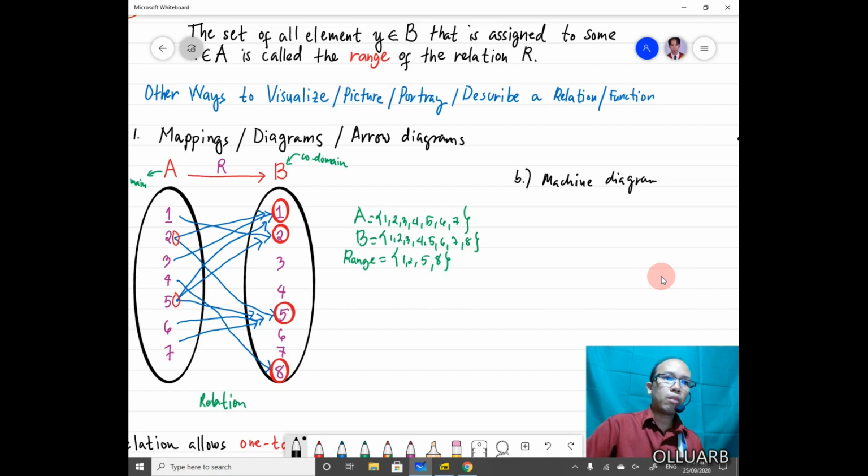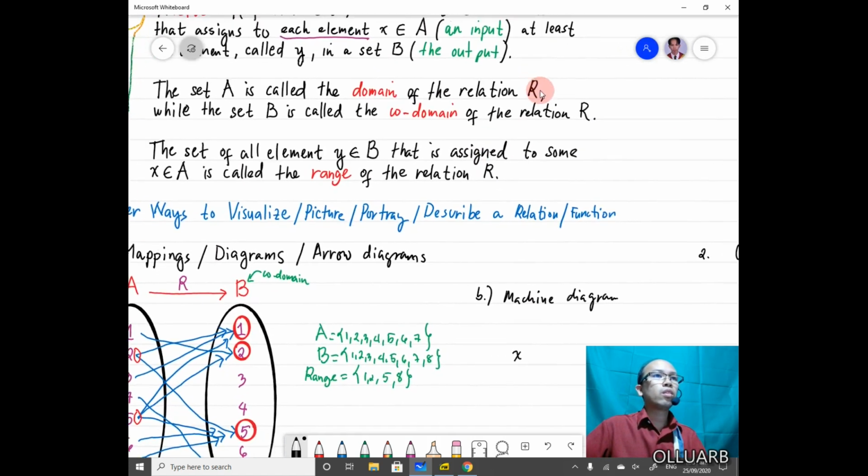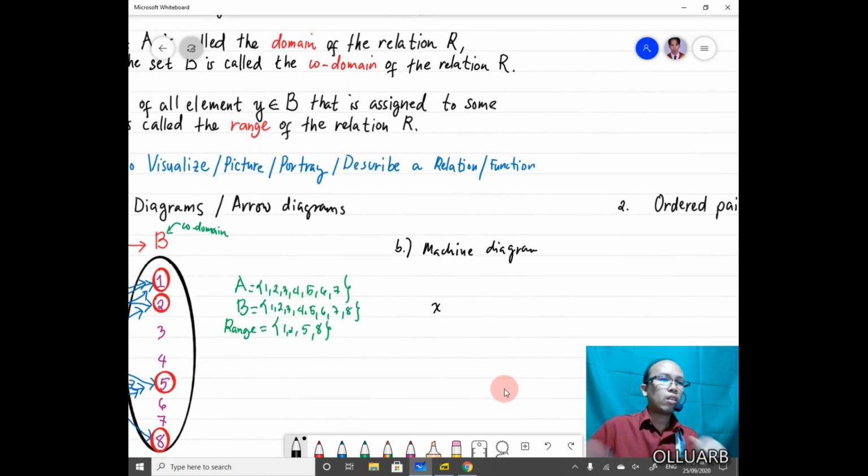This means that if you have an input x, as you can see here in the definition, look at the definition, an input. This is our input. Then you have the output.